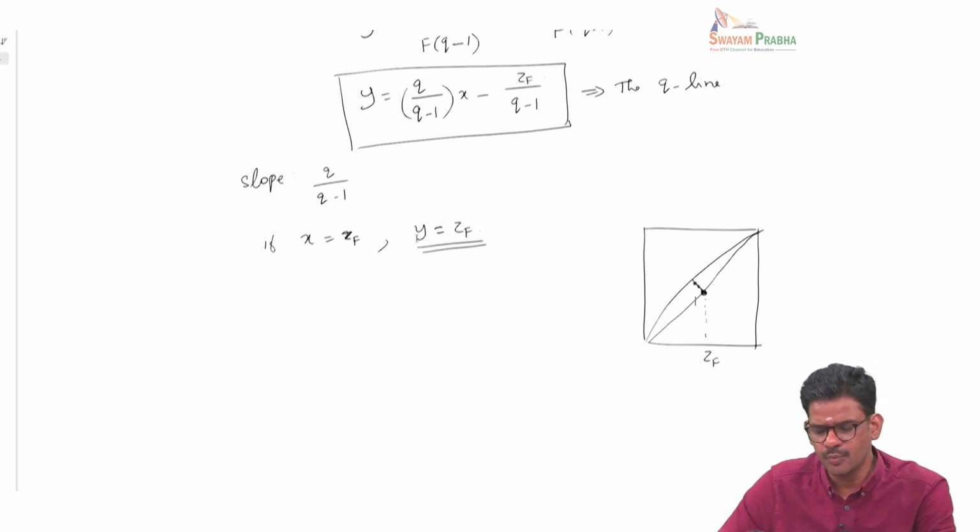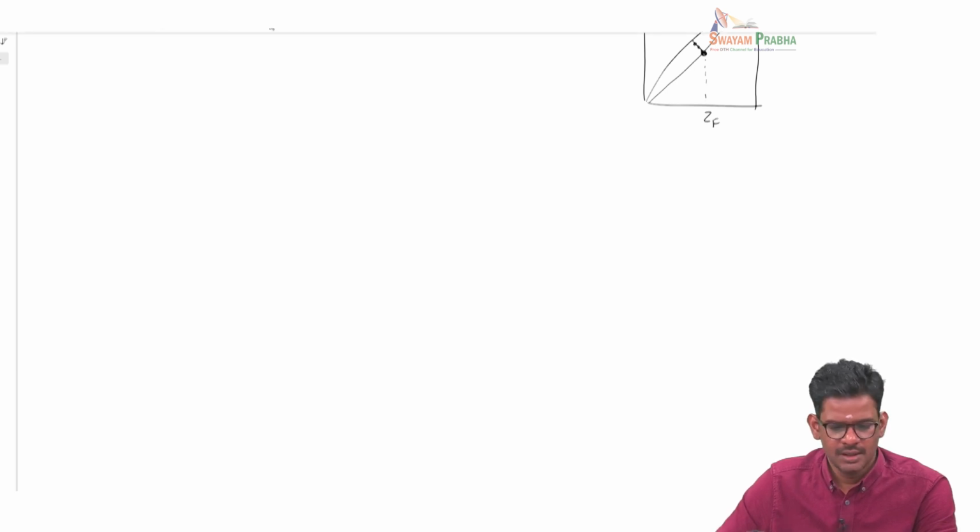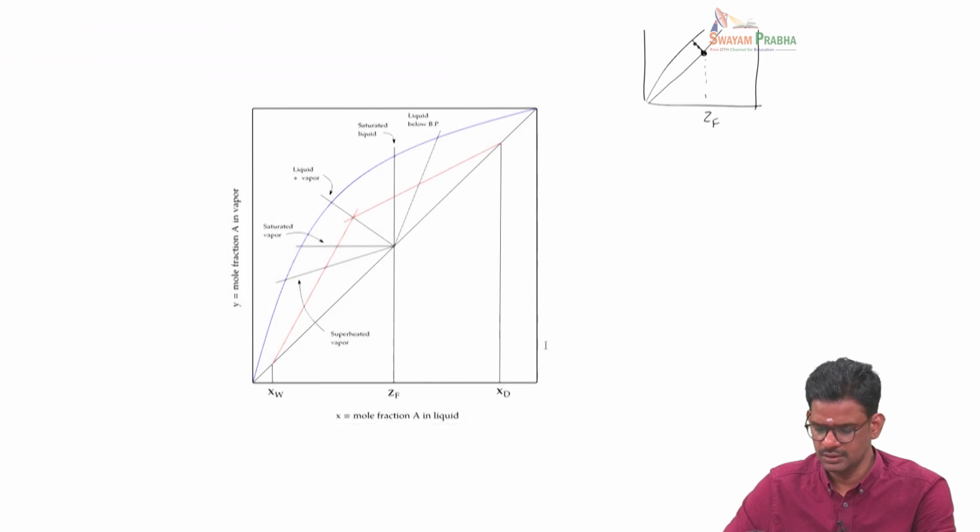Now depending upon the values of Q, we may see different kinds of Q lines in the equilibrium diagram. So let's take an example. This diagram lists various possible Q lines.